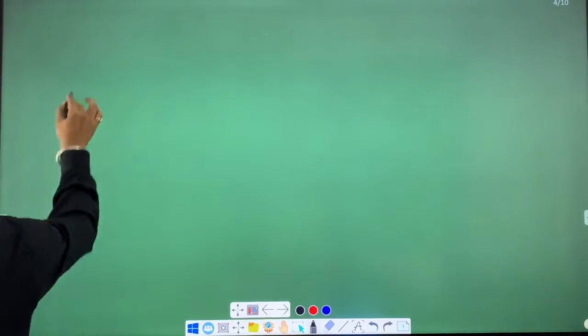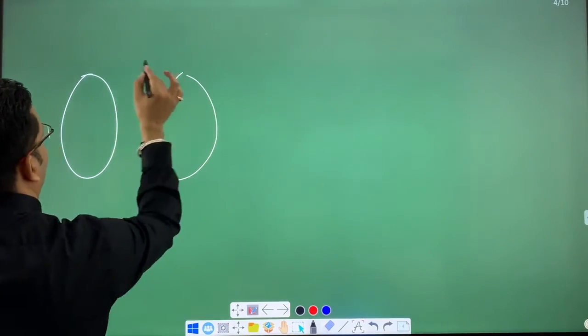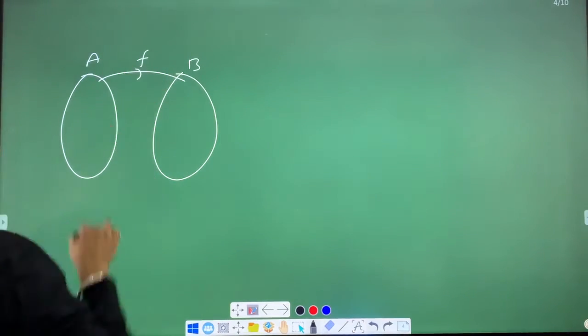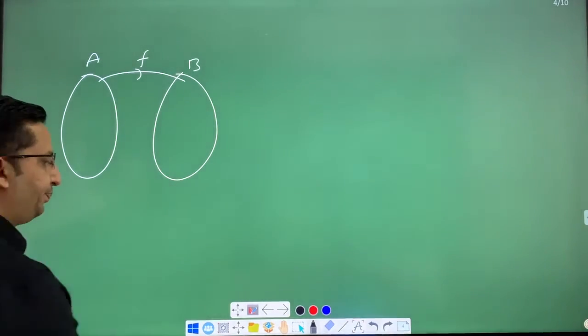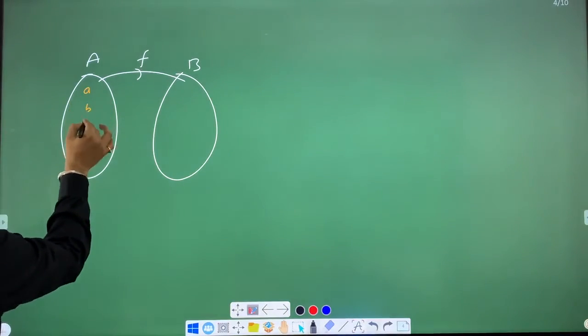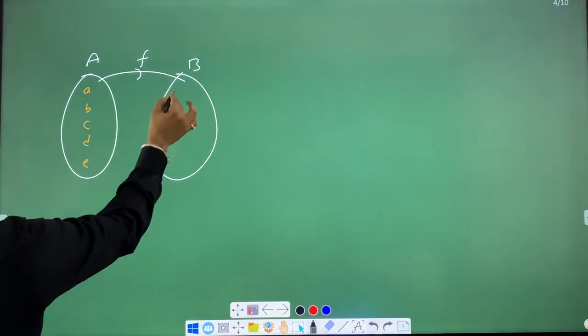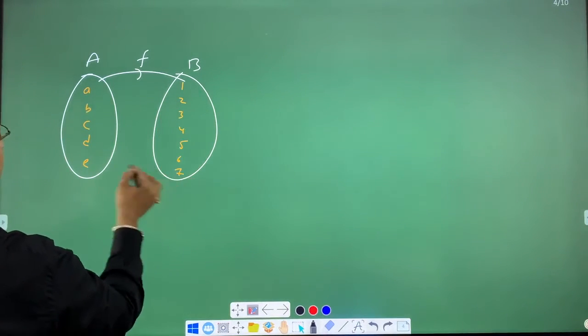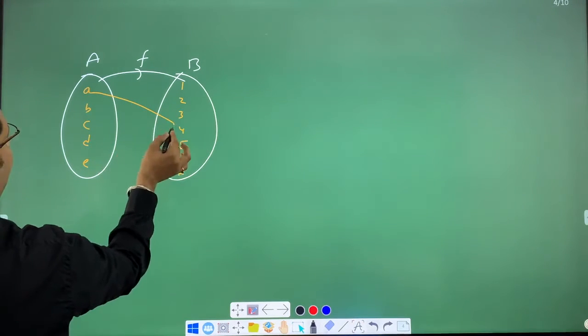Let's take another example. This is set A, this is set B. A function is defined from A to B. A, B, C, D, E, 1, 2, 3, 4, 5, 6, 7. Let the mapping look like this.